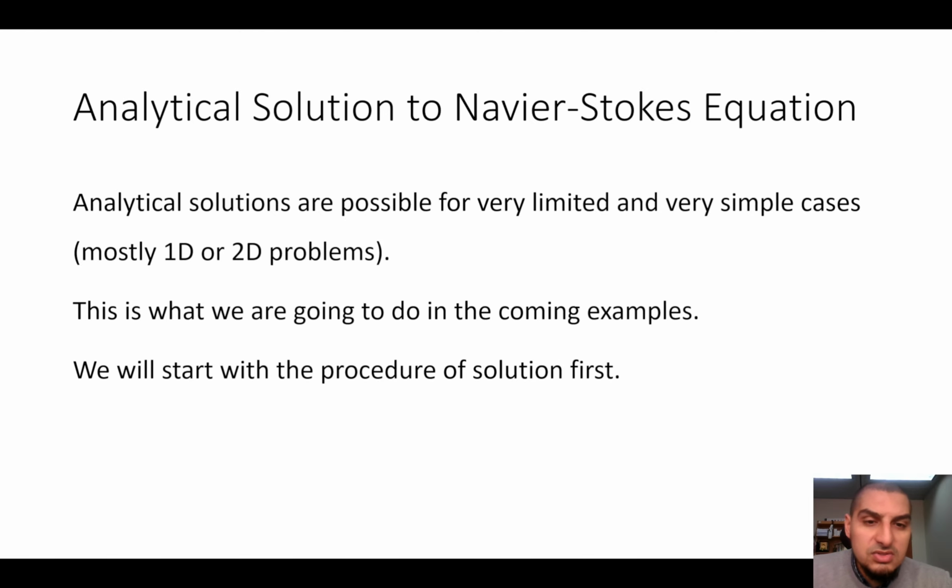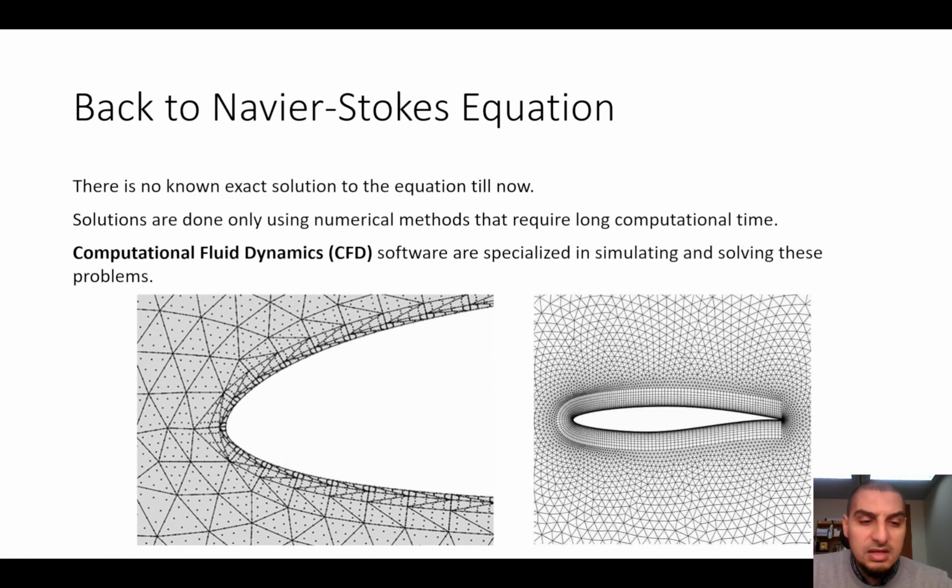But in general, if we have a fluid mechanics problem that needs to be solved with all the equations coupled together, there is no analytical way of solving it. The only way is the numerical solution using computational fluid dynamics software.